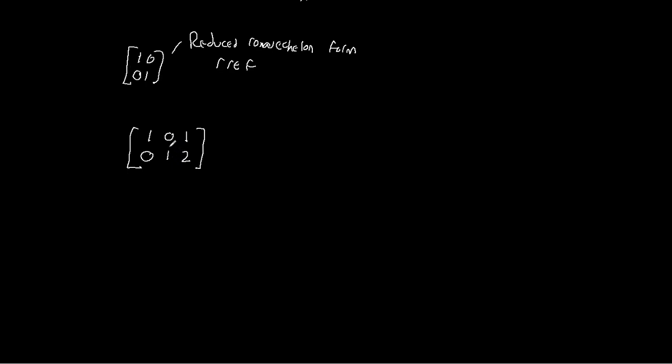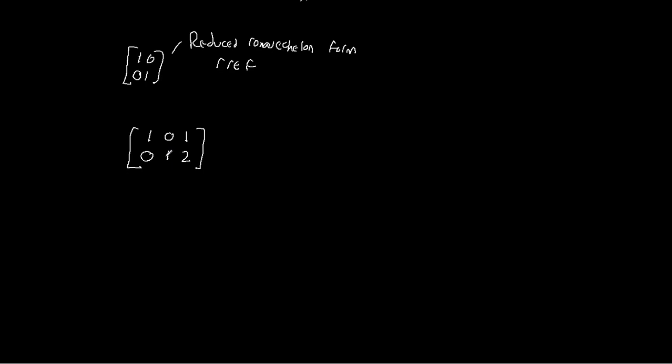Let's go ahead and walk through our checklist and figure out why it is. First, is the first non-zero entry in each row a 1? Well, check. This is a 0, so we go over. 1, check. So the first non-zero entry in both rows is 1.